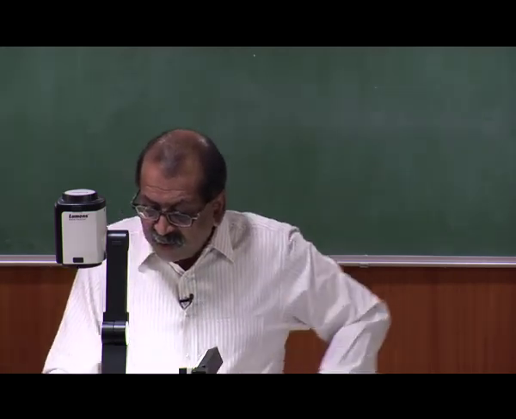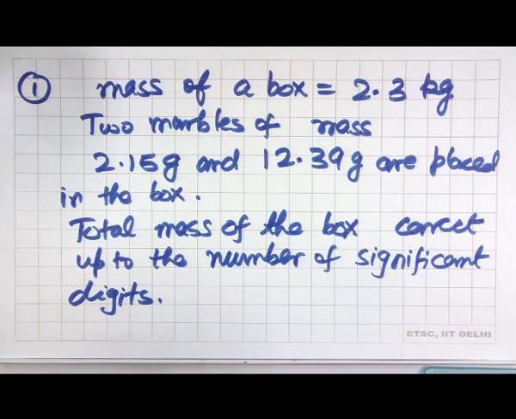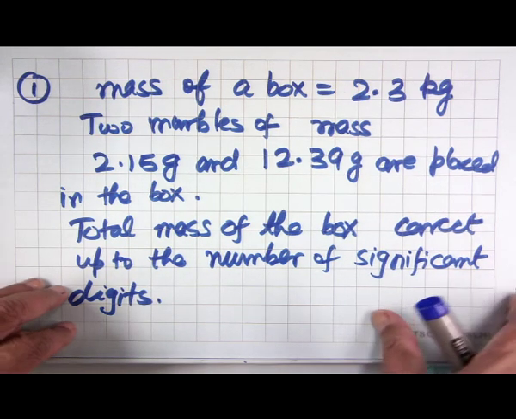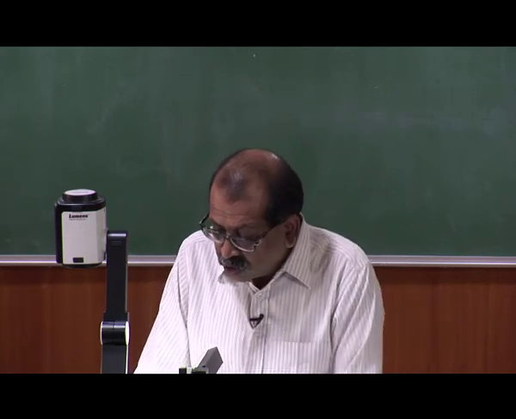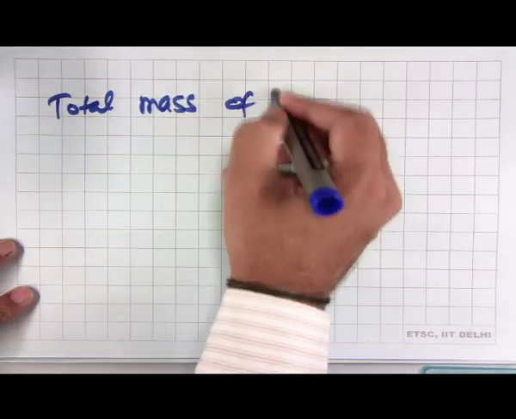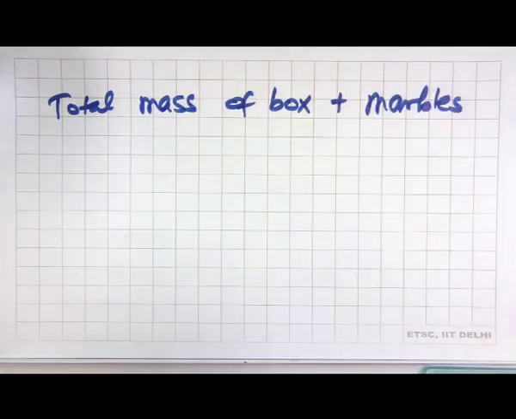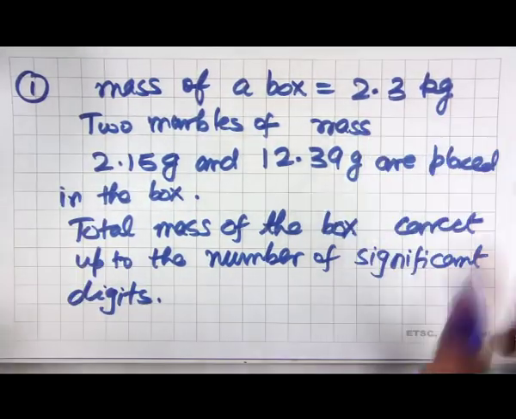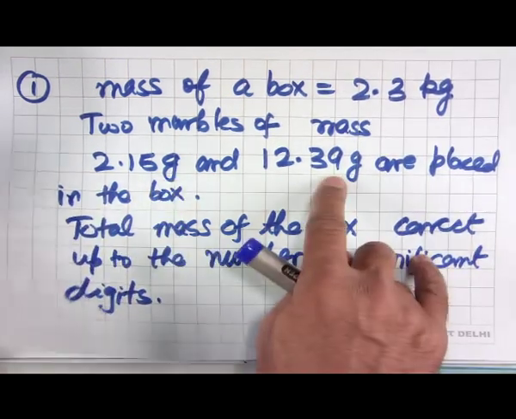Here, when we look at this problem, we realize that the units which are given are different. So, the first thing we have to do is convert everything to the same units. Let us work this out. We convert everything to kgs. The total mass of the box plus the marbles: the mass of the box was 2.3 kgs and the marbles were 2.15 grams and 12.39 grams.